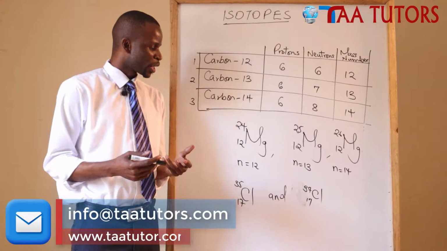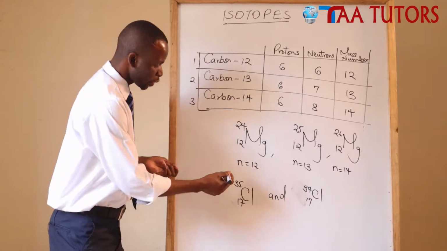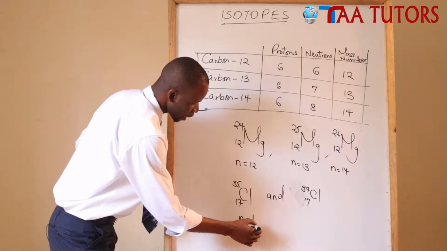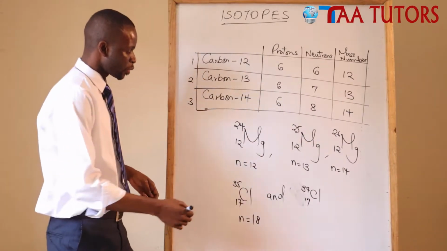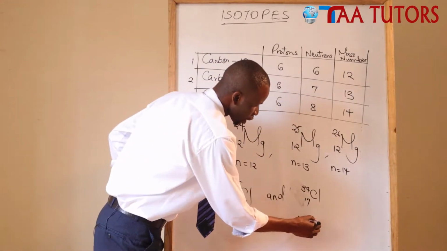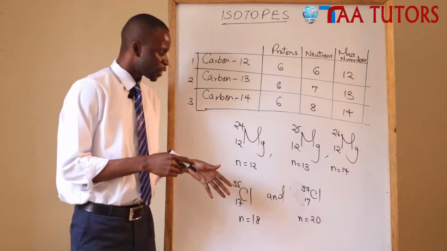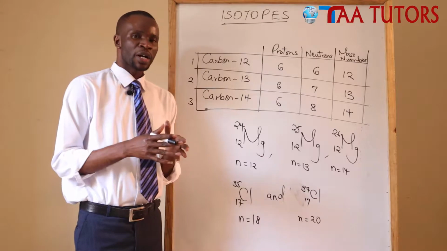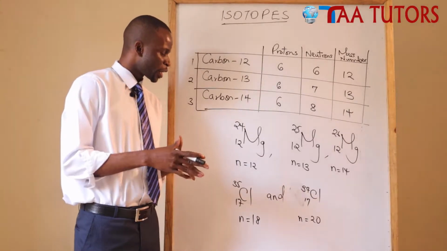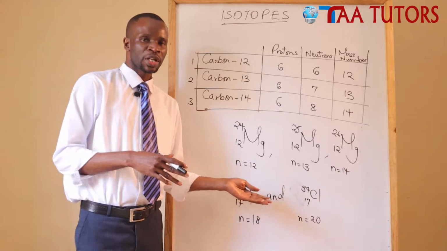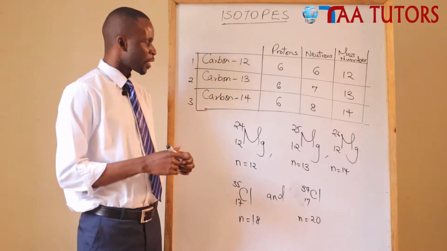In this particular chlorine isotope, the neutrons are 18. But when we look at here, the neutrons are 20. So we can see that what is different in isotopes are mass numbers and neutron numbers. The proton numbers are the same.